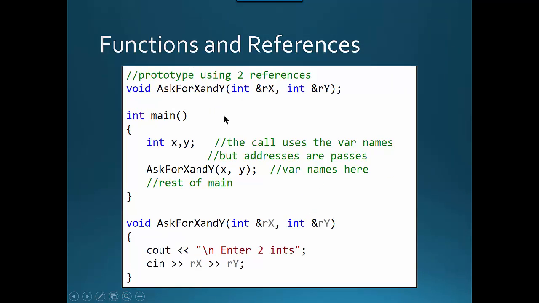And here's another example. Here's a function that takes a reference to an int for rx and ry. All we have to do is pass an x and y, and it's actually not going to cin into rx. It's going to implicitly cin into whatever the address of the thing that was passed in, which will be this x and y. So this is just an easier way of doing the same thing that pointers did.